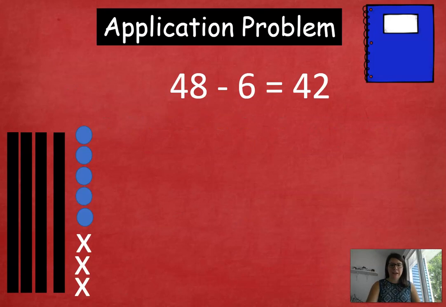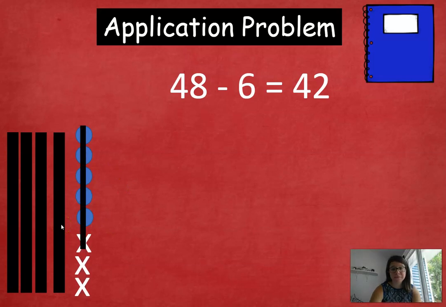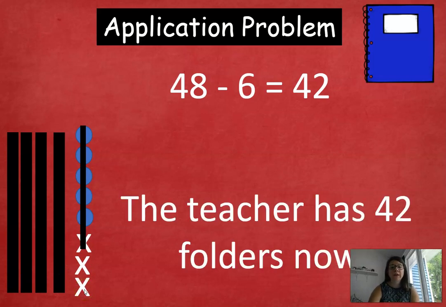Okay, ready? So on this slide we have both the picture and we're going to decompose. So our picture here, we started with 48. Now we're going to take away 6. Now there's 2 left, so we can count by tens: 10, 20, 30, 40, 41, 42. 42. Or we can decompose.